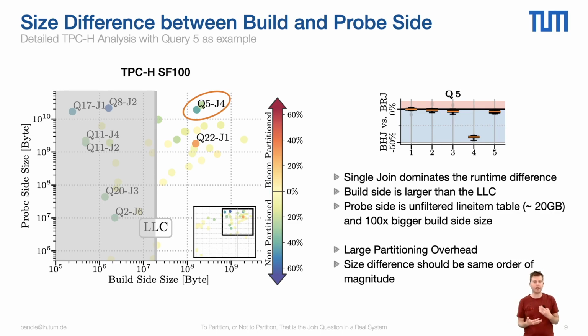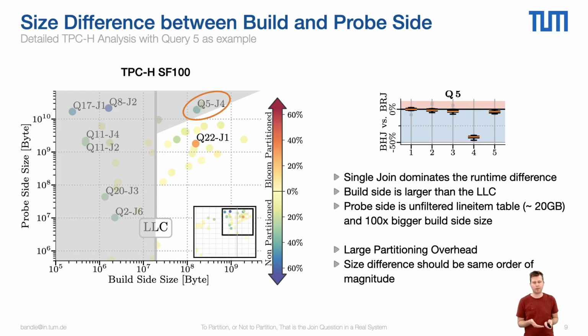And partitioning 20 gigabytes of data for the probe side means we have a large partitioning overhead, unlike the non-partition join, which only has to scan this probe side once instead of scanning it multiple times and materializing it into partitions. So we can say that the size difference should also be small in order for the radix partition join to pay off, and that it ideally be in the same order of magnitude. So we can also rule out the joins in that top part to be candidates for radix partition joins.